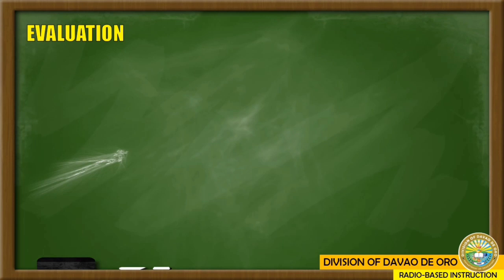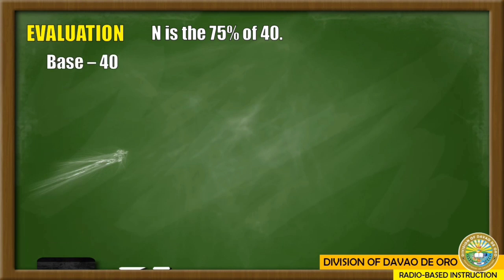Okay, let's check the question number 2. N is the 75% of 40. So we are looking for the value of N, which is our percentage. So the base is 40 and the rate is 75%. Step 1, so our formula is percentage is equals to base times rate.